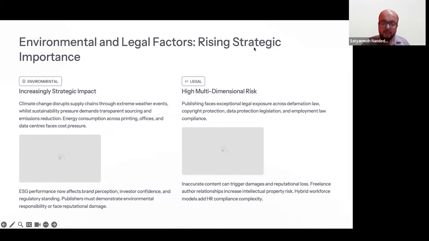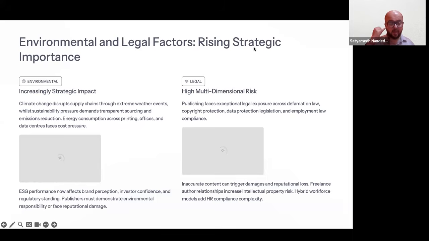From an environmental perspective, people have realized that climate change has an impact on your strategy. Extreme weather events can disrupt supply chains and have an impact on reader habits. The sustainability pressures right now are higher than at any point in the past. With consumers becoming more and more aware, naturally the pressure on the company is more.